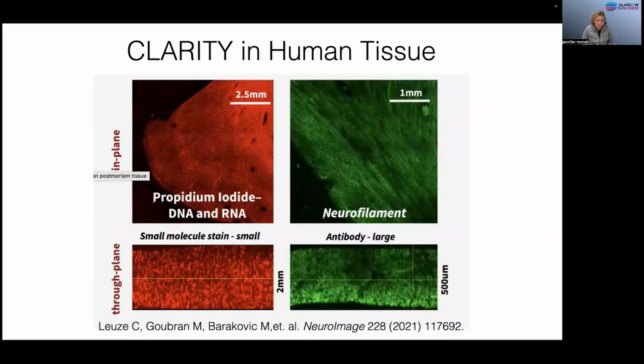We also used a neurofilament stain, which requires a much larger antibody, but provides a nice visualization of some of the fiber structure. And we wanted to look at that because we felt like we have a fairly good idea of how to map fiber orientations with diffusion imaging. And that was a good place to start with these comparisons.